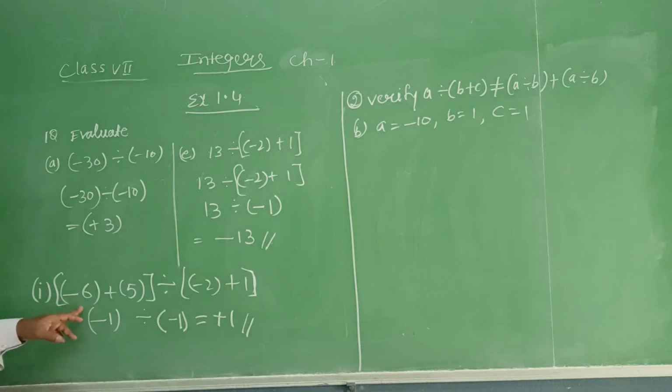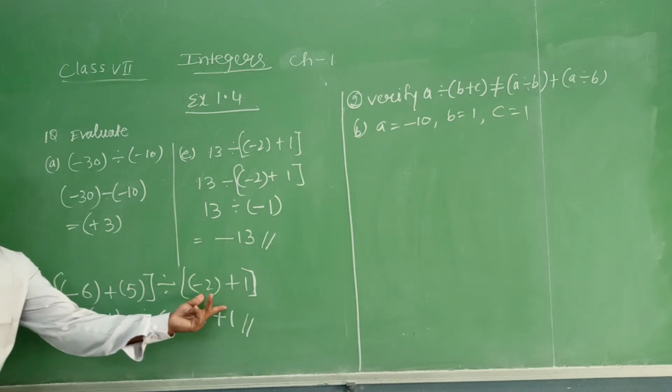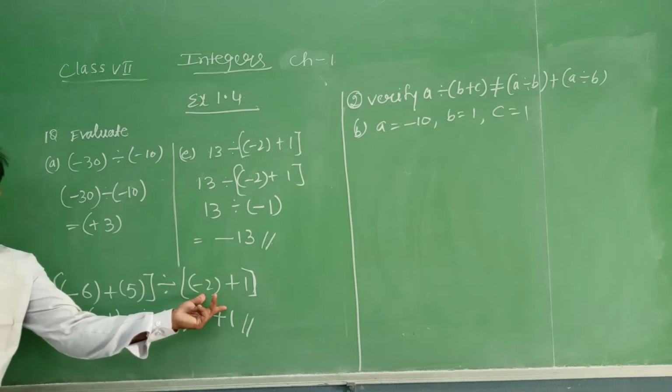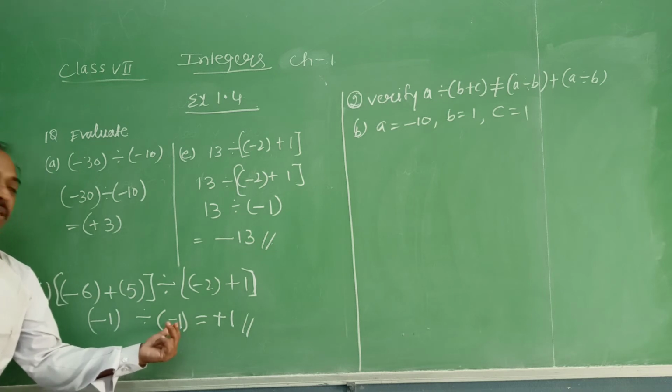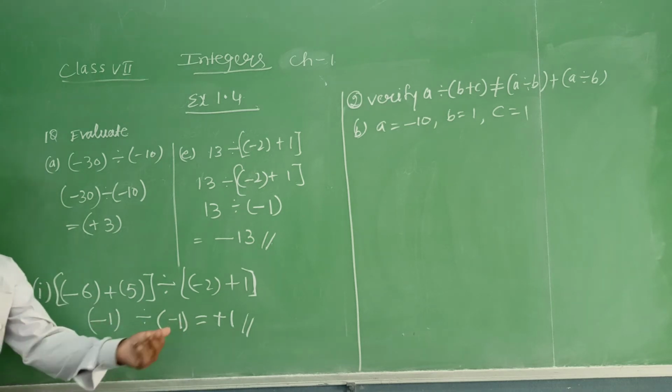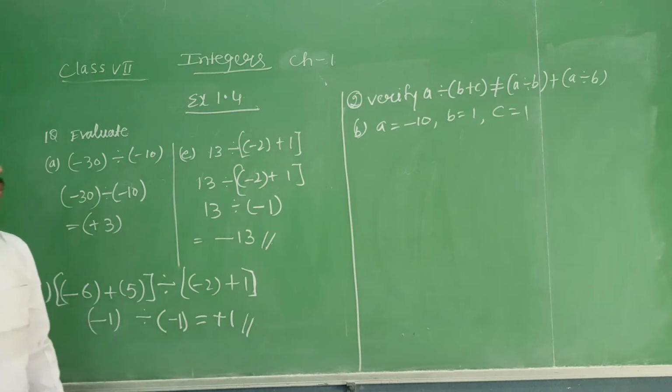You see here, minus 6 plus 5 is an addition of two different signs. Ignore the sign, subtract, and keep the bigger number's sign for the result. So minus 1. Minus 1 divided by minus 1 is equal to plus 1.